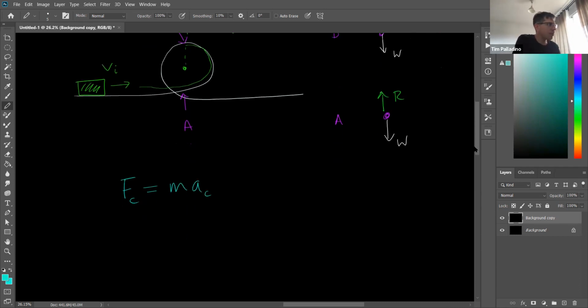Through a few substitutions, A_c is also V squared over R. So these are two different ways to express this. This represents the centripetal force causing this car to move in a circular path.